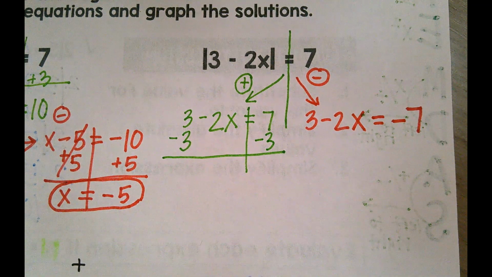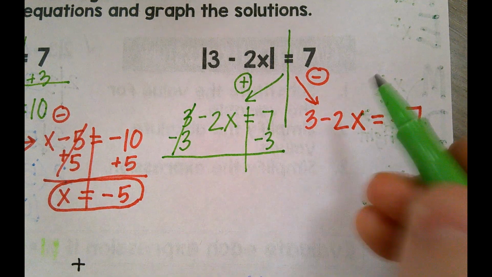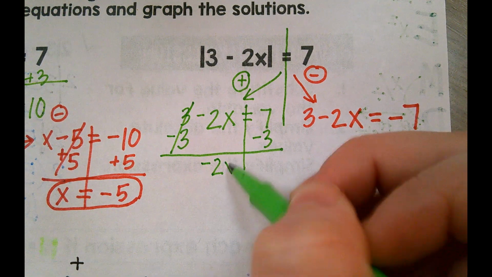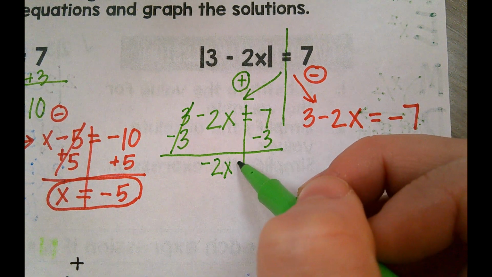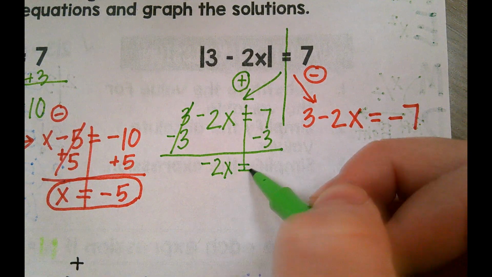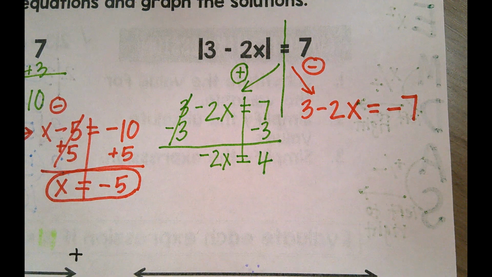What happens to my 3's? They cancel. What comes down? -2x. Good. The 7 minus 3 would be 4. Equals 4. And we divide the -2 by itself, right?